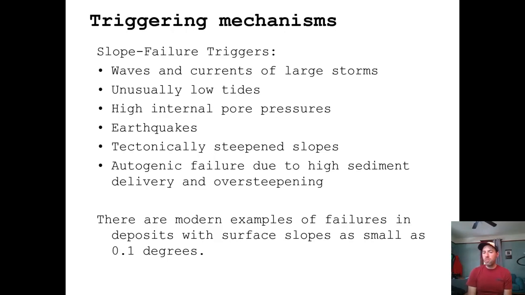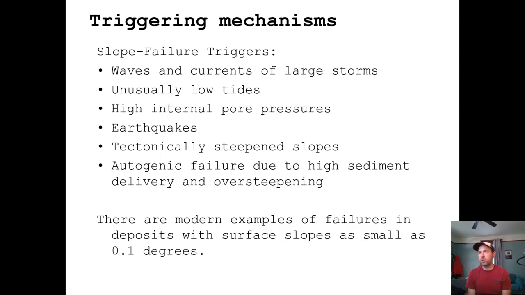You can get them in a number of ways at the shelf slope kind of environment. Any process that might agitate a large portion of that environment can potentially produce a slide that could potentially produce a debris flow or a turbidity current.